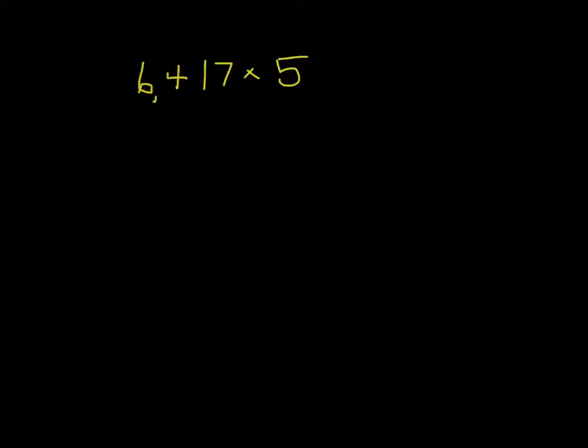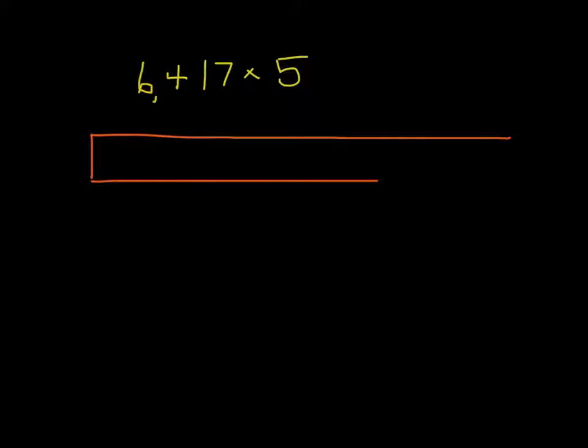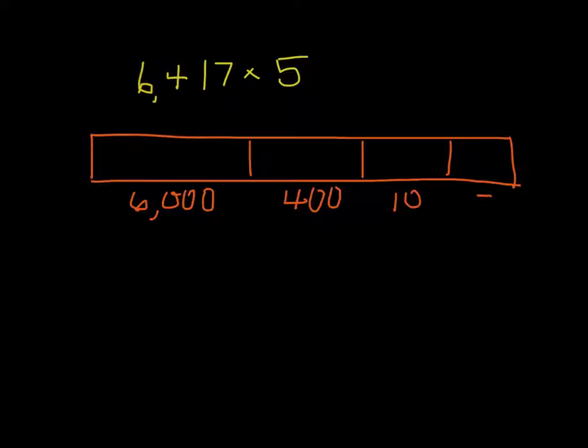Okay, one last example, 6,417 times 5. 4-digit number means my box needs 4 spots. We've got 6,000 plus 400 plus 10 plus 7, which equals 6,417 in expanded notation.